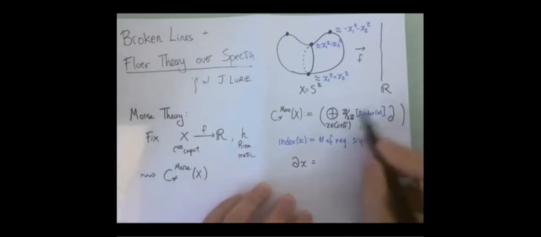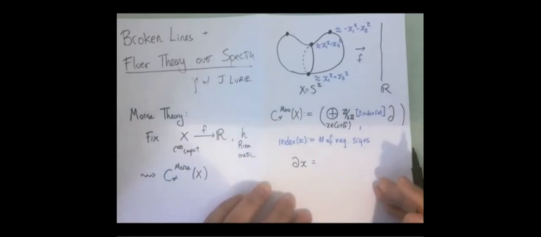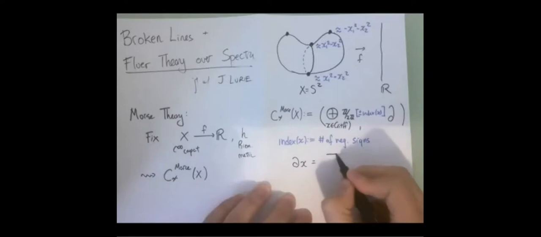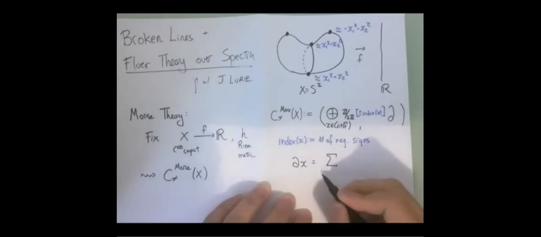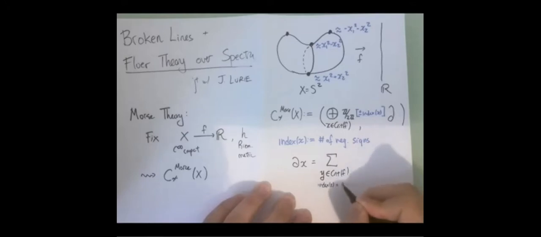This is where the plus or minus is going to save me, because I don't need to get the gradings right. So what is the differential of x? Well, it's going to be some summation over a bunch of critical points whose index is 1 away from the index of the point x that I'm taking a differential of.